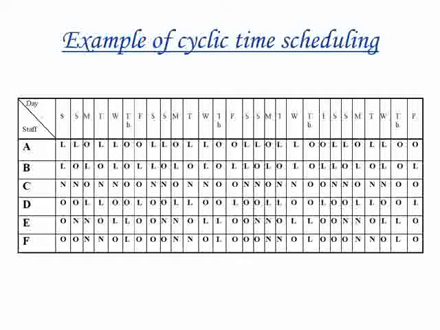Here is an example of cyclic time scheduling. Please look at the schedule of staff A. Look at the first week and you will see that the pattern repeats itself. Staff A works Saturday and Sunday, takes Monday off, then works Tuesday and Wednesday, then takes Thursday and Friday off.